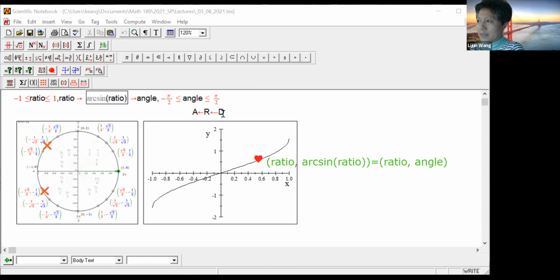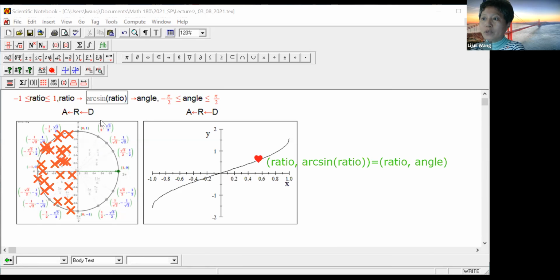But with the second quadrant and third quadrant all cut off, you're not going to have any angle from here. That's the correspondence between part of the unit circle and the arc sine curve. Do you guys follow me?